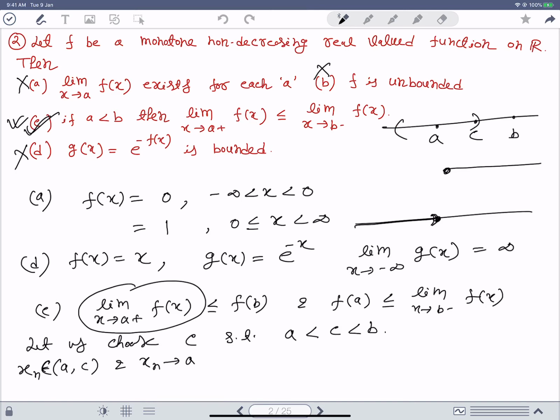Now, we are taking this interval, and what is the right hand limit at a? So we have to choose any arbitrary sequence x_n which is in this interval and converges to a.